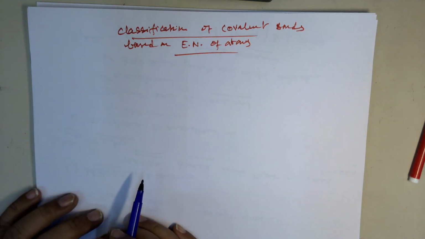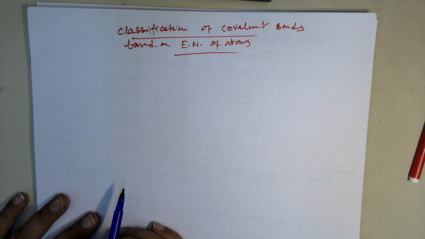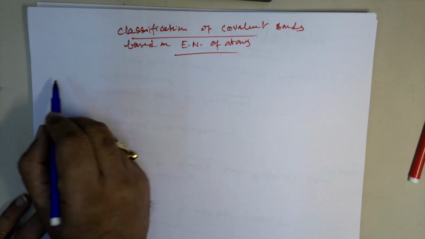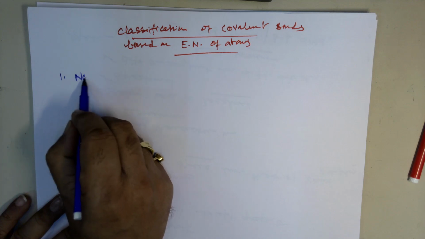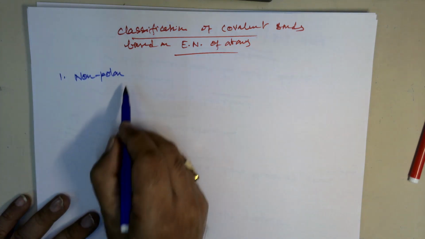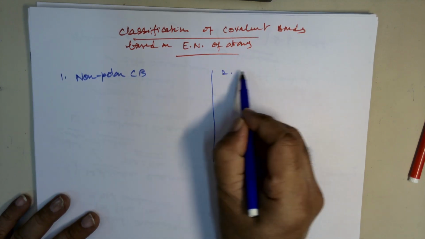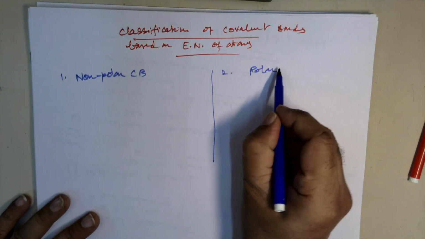Depending upon the electronegative nature of the combining atoms, covalent bonds can be of two types. One is the non-polar covalent bond. Another is the polar covalent bond.